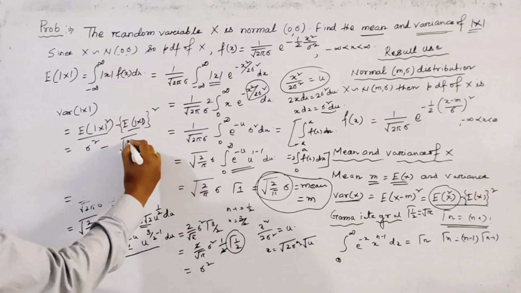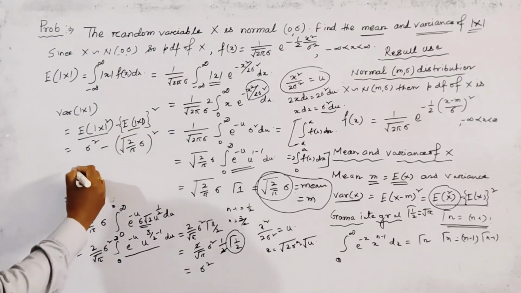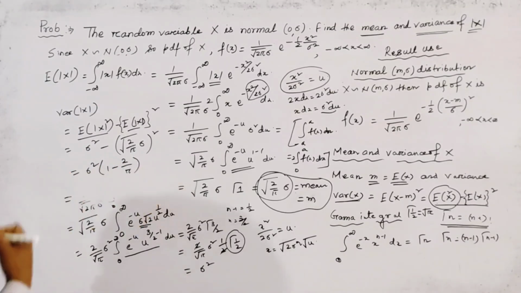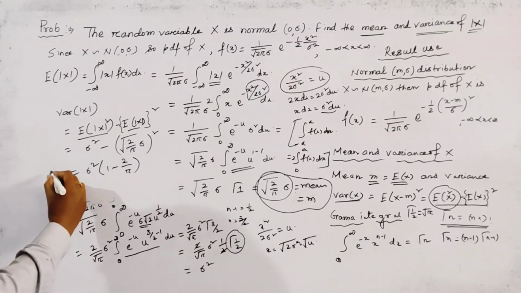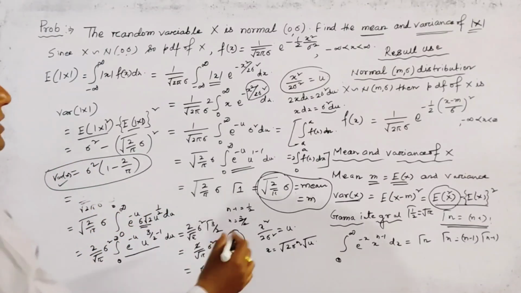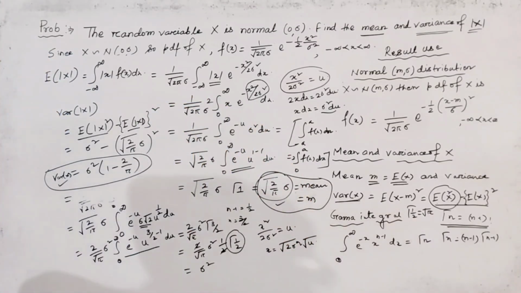So we write root 2 by pi into sigma, whole square. So the final answer is sigma square into 1 minus 2 by pi, and this is the variance. So two results: this is the variance, and another result, the mean, is root 2 by pi into sigma.